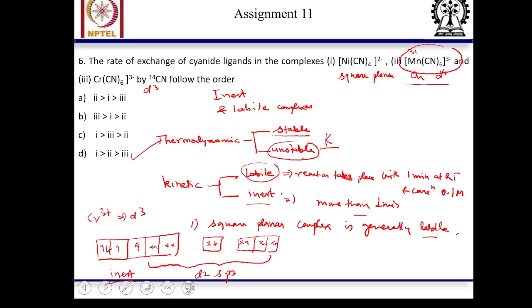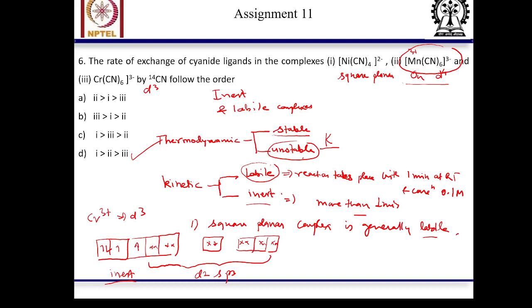Otherwise, one more thing is that you can take the help of crystal field theory and calculate the CFSE difference between the intermediate and the octahedral. If there is more loss in CFSE, that will not be favored.